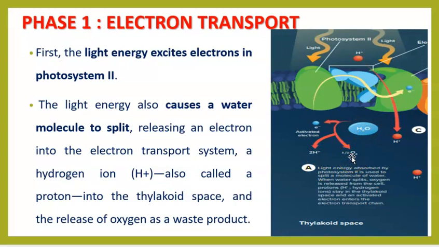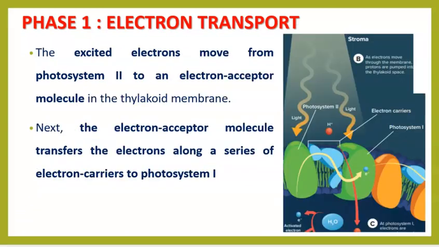Remember, what does photosynthesis do? It takes carbon dioxide and water and makes oxygen as a product, and it also makes glucose. That will be seen in the next phase, not now. The final product glucose you will get not after phase 1, you'll get after phase 2. Now what happens next?